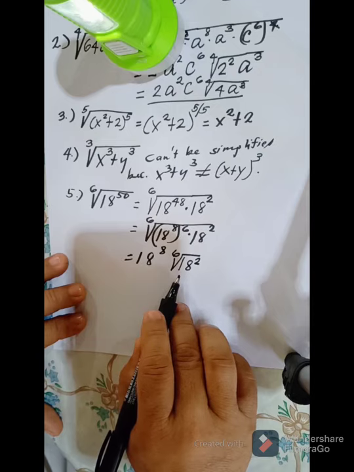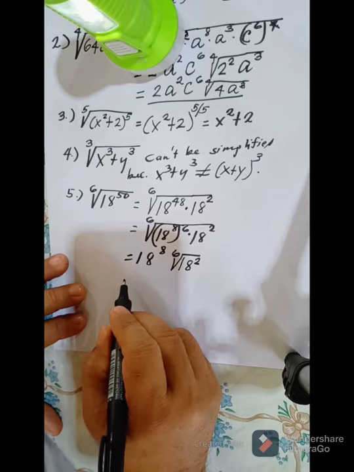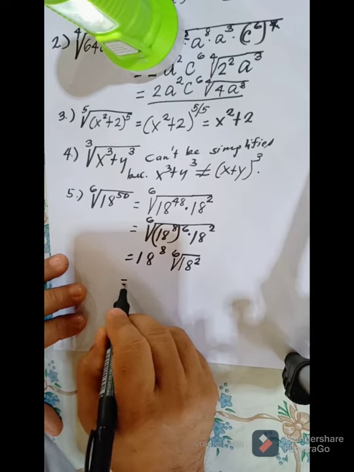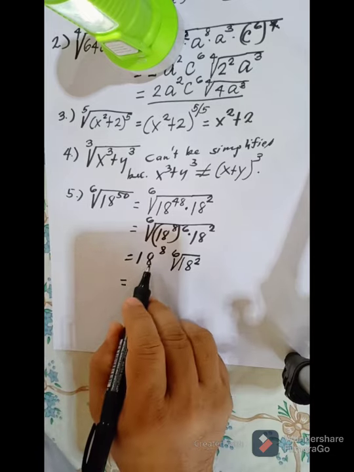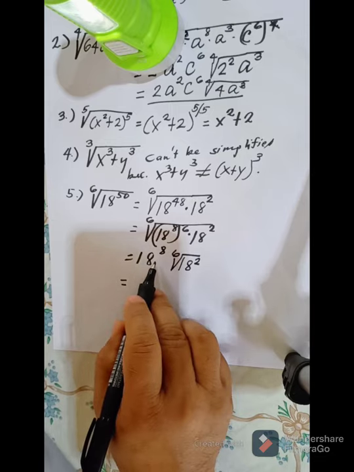Okay, excuse me, let's proceed. So 18 to the power of 8 means 18 is used as a factor 8 times.